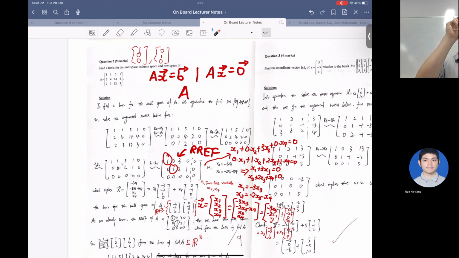So you cannot use the row reduced columns to find your basis, because the column space will change after row reducing. In this case, what is the pivot? Pivot is the first and the second column, which is 100 and 010.